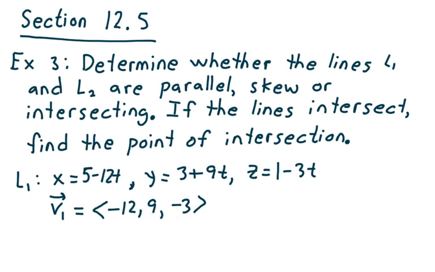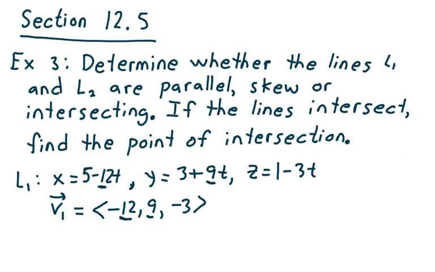To get the x component of negative 12, we go to the parametric equation x equals 5 minus 12t, and we read off the coefficient of t, which in this case is negative 12. To get the y component of 9, we go to the parametric equation y equals 3 plus 9t, and read off the coefficient of t, which in this case is 9.